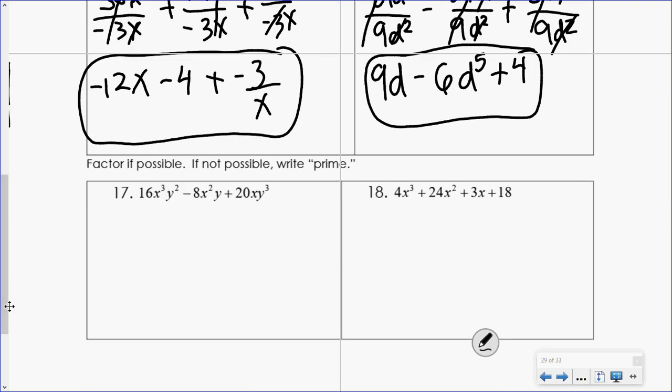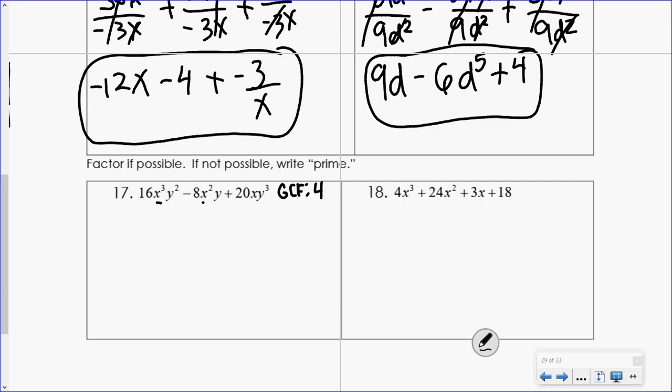Okay. Now, next it says factor if possible. If not possible, write prime. So what we're going to do is factor out our greatest common factor here. All right. So the biggest number I can divide out is a 4. The biggest variable x I can divide out is the smallest x.